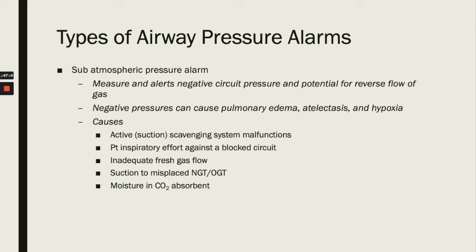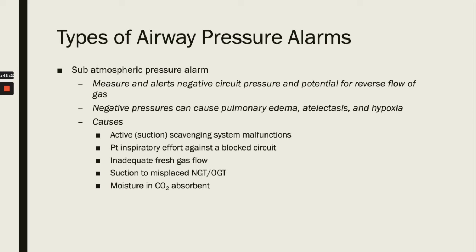Inadequate fresh gas flow and suction can also lead to a misplaced NG tube or OG tube. If the NG tube or OG tube has passed down through the vocal cords alongside the ET tube rather than down the esophagus, that could lead to negative pressure that could cause pulmonary edema or hypoxia.